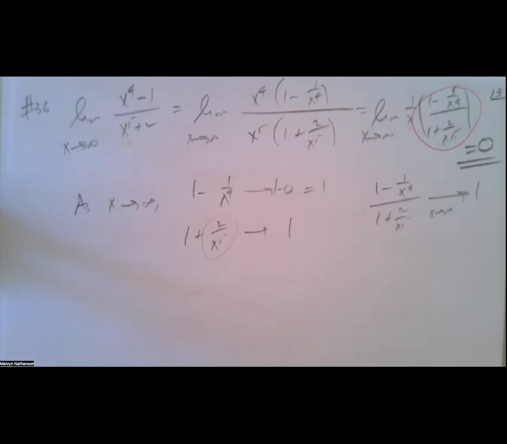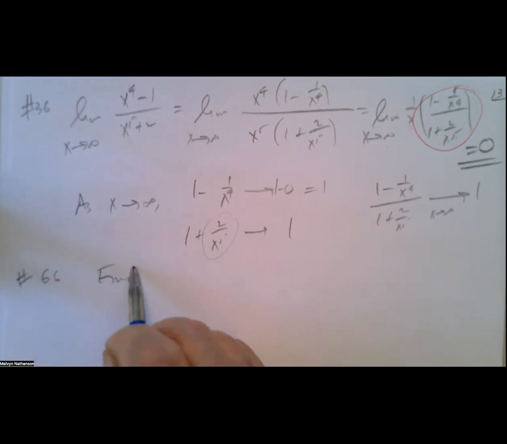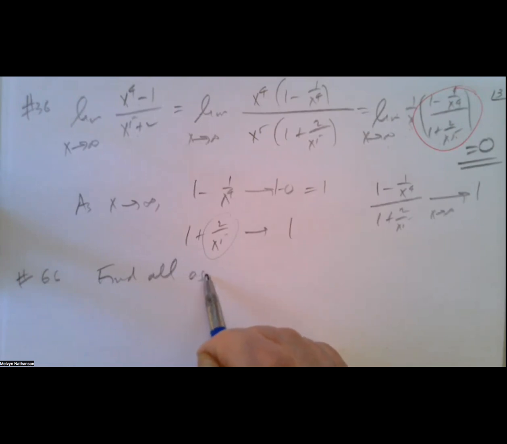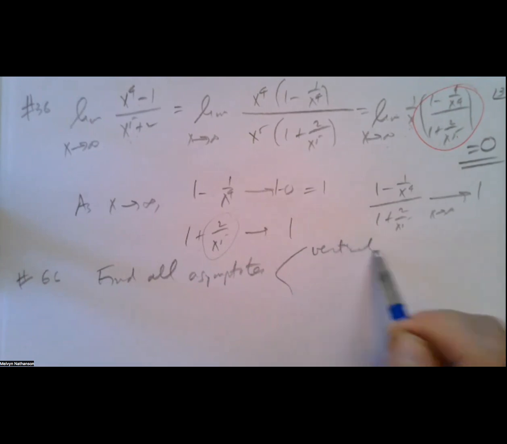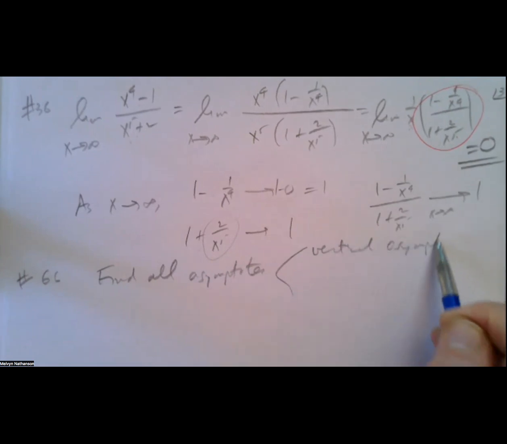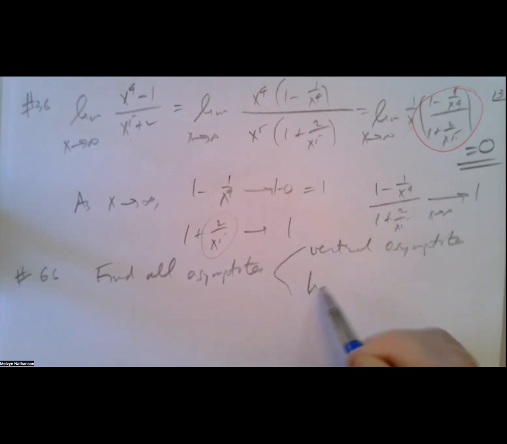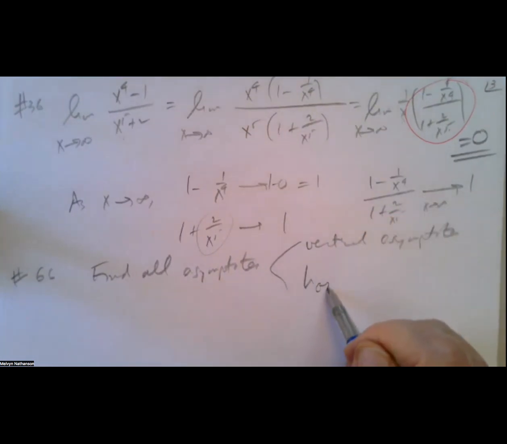Any questions about these? Let's look at number 66, where we want to find all of the asymptotes of a certain function. And all means the vertical asymptotes and the horizontal asymptotes.